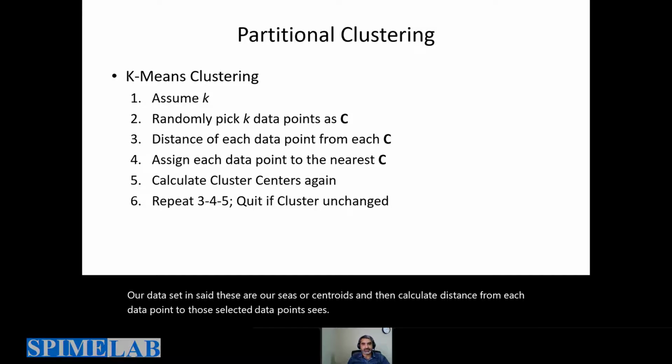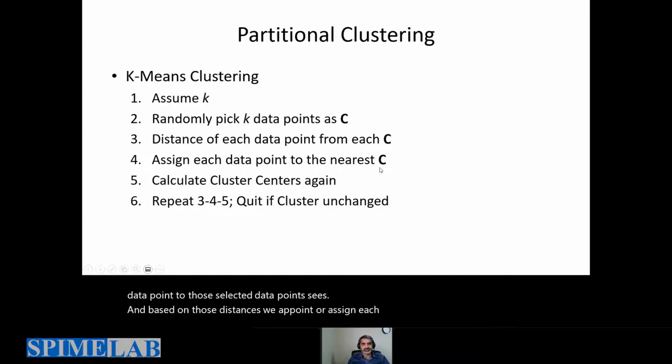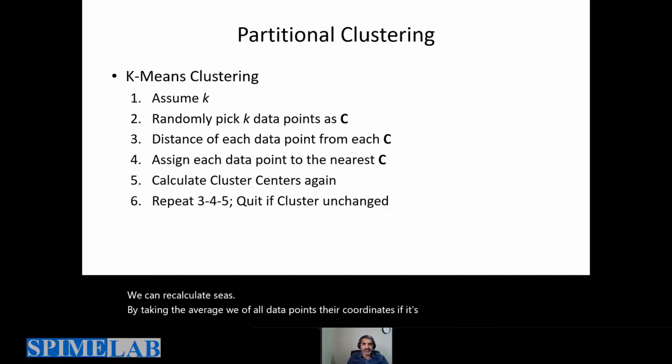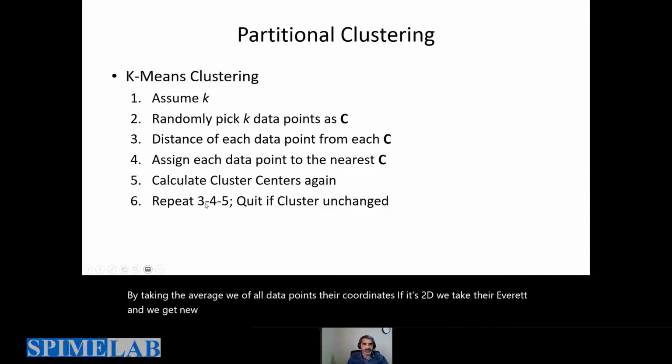And based on those distances, we assign each data point to the nearest C. Now, the word nearest is the keyword here because how we measure nearest is going to shape the clusters. Based on that assignment, we recalculate the C's by taking the average of all data points, their coordinates. We take their average and we get new clusters. We repeat steps 3, 4, 5 until the assignment doesn't change the position of C.